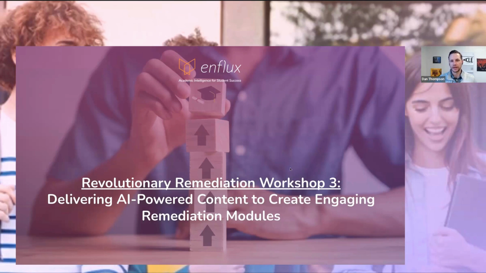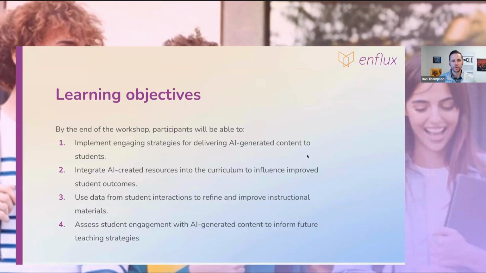Today's all about delivery. We've learned a lot throughout this process on how we deliver this content to make sure we're doing it in a way that is truly positively influencing student outcomes. We've been able to track that and prove that, which has been really great. We've learned some things on what not to do and what to do, and I'll share those insights to the best of my ability today.